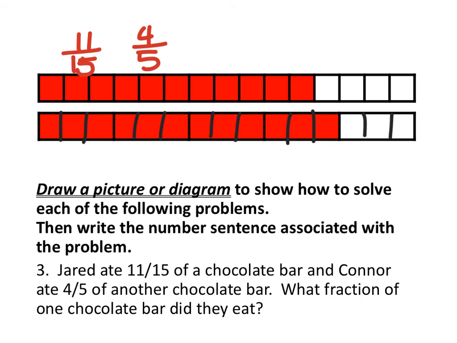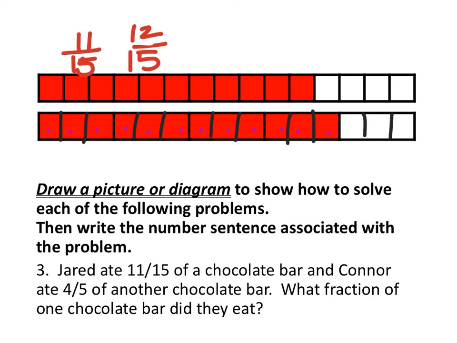Now, instead of showing it as 4/5, we change the size of the pieces so that there's 15 of them. So it's no longer 4 out of 5 parts. Yeah, we should probably count that, right? 1, 2, 3, 4, 5, 6, 7, 8, 9, 10, 11, 12. So that'd be 12 of 15 parts.